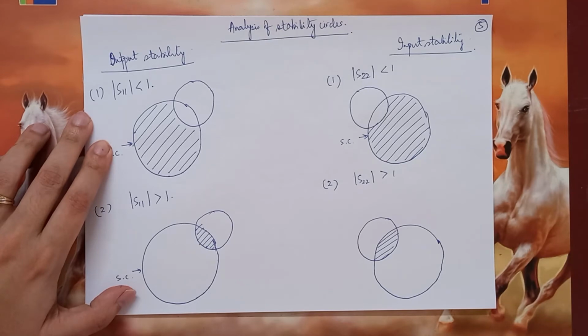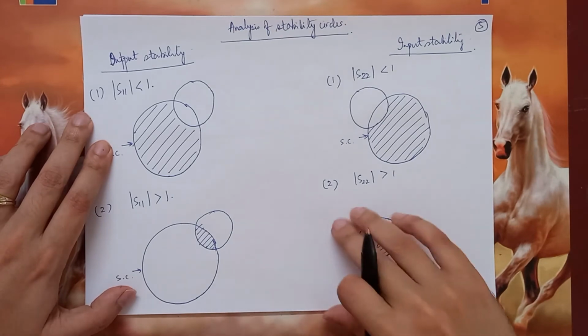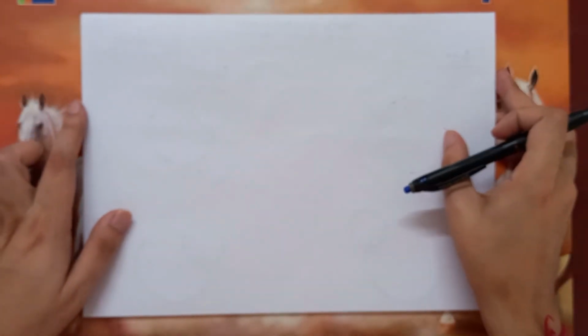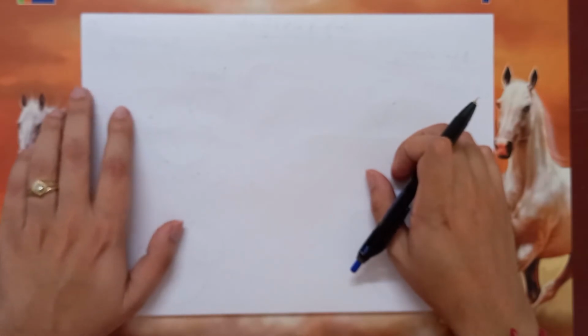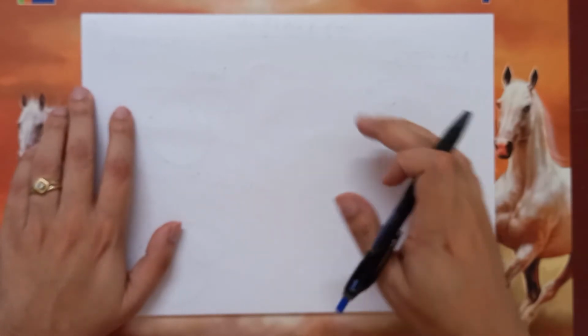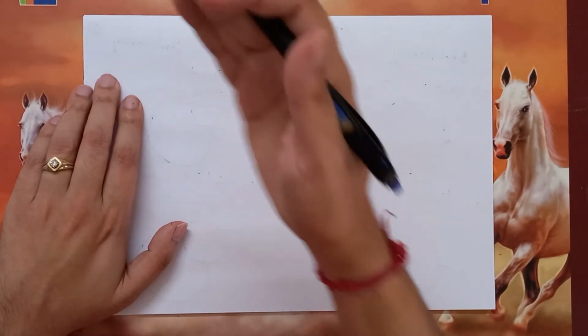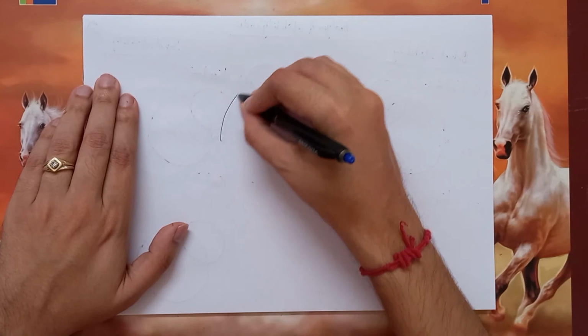Let us take a look at this in a little more detail. Can circles always touch each other? Or can circles always intersect each other? Not necessarily. So suppose I have the Smith chart over here.